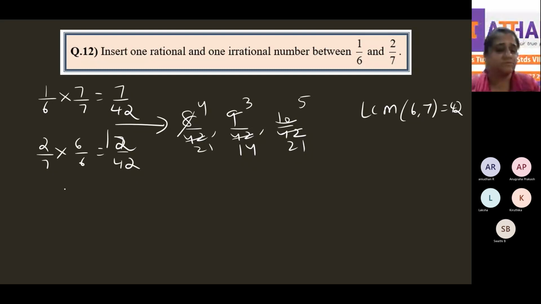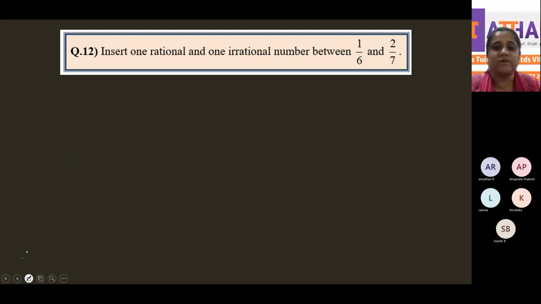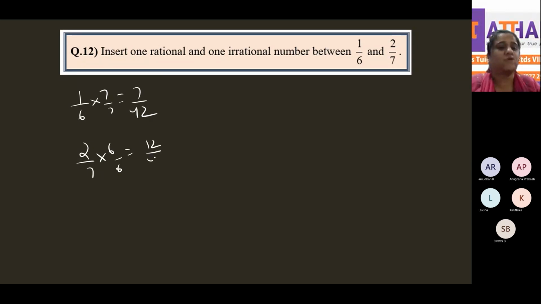What should you do? Bring both of them to the same denominator using LCM. Multiply by 7 to get 7/42, multiply by 6 to get 12/42. Then you can insert 8/42, 9/42, and simplify it. So that's a rational number.